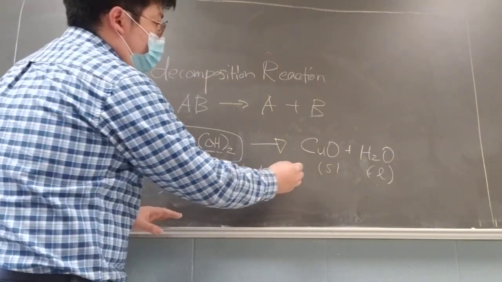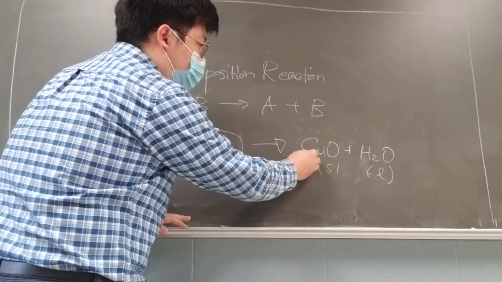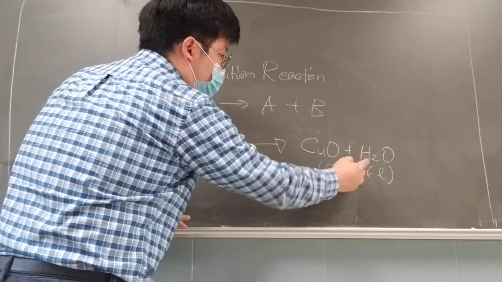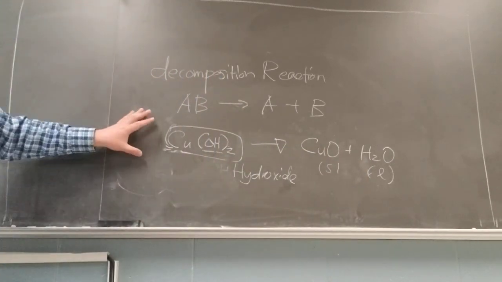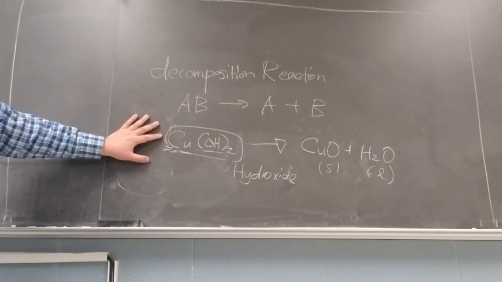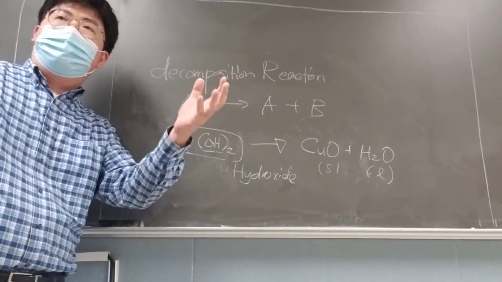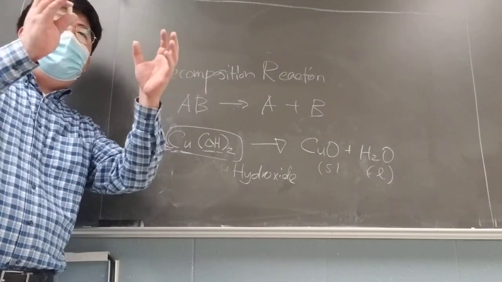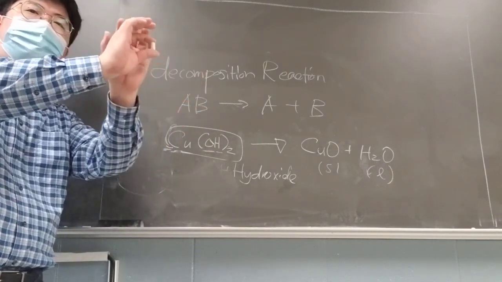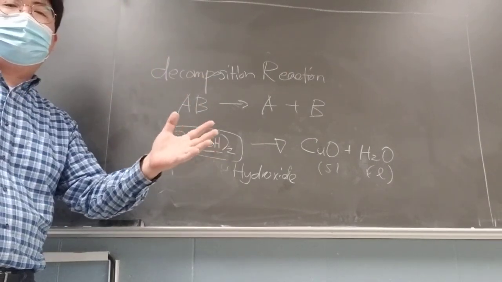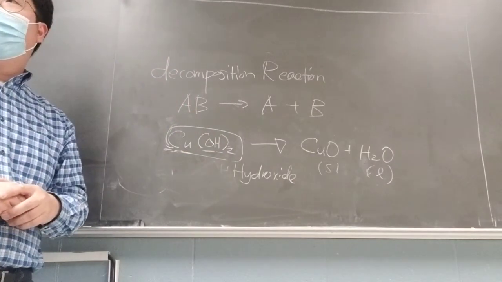This will become simply copper(II) oxide, and then this is water here. So one reactant breaking apart into two products is decomposition. If you have two reactants combined together to make one product, it's combination. It's kind of the opposite way around.